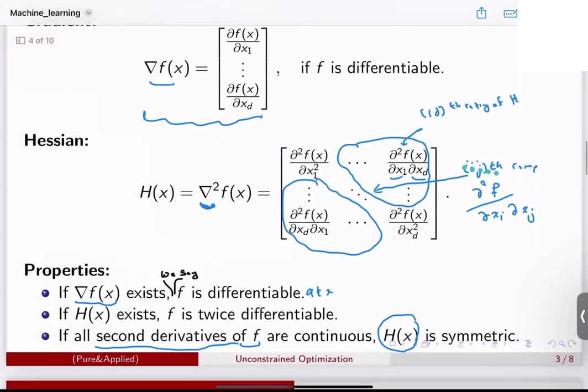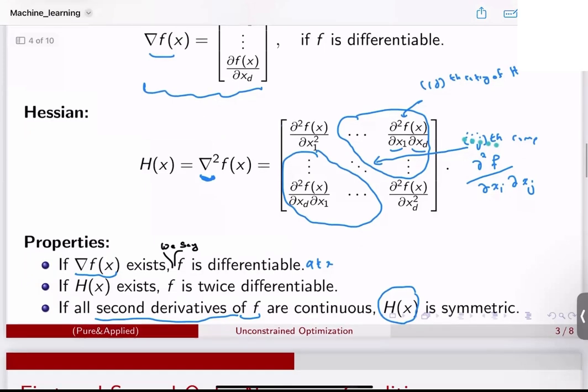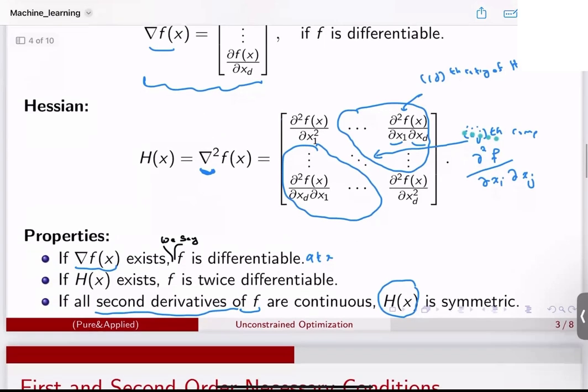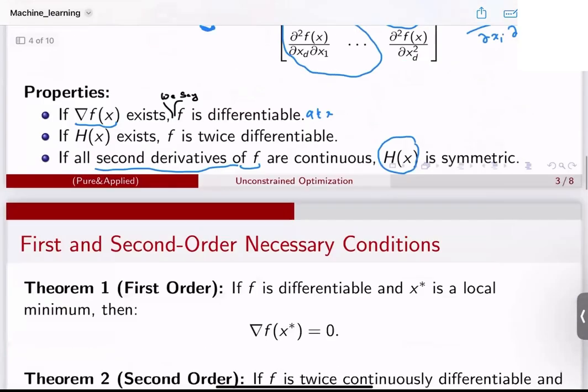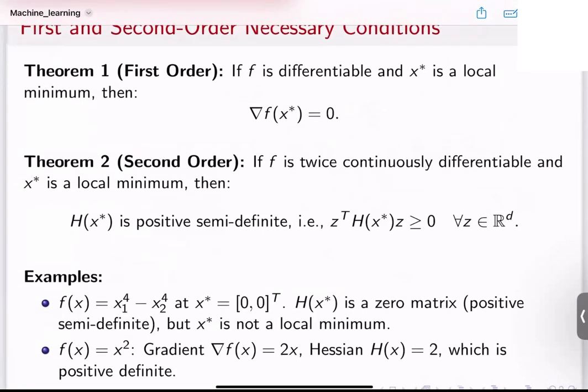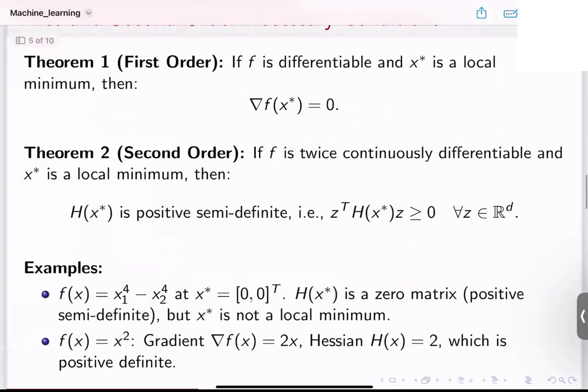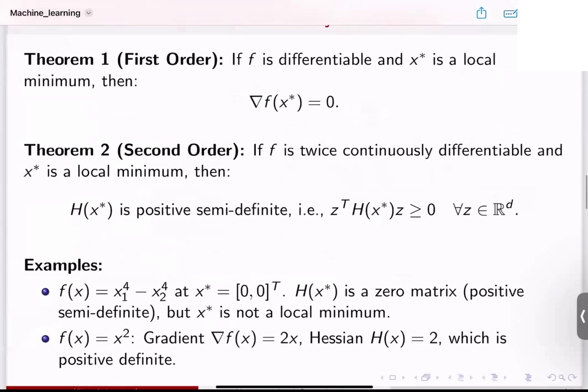Okay, so this is the terminology that we need, and now we're gonna state the tools, and then we're gonna see where this brings us. All right. So the first tool that we need to state is what is called the first necessary condition. So this is what we know from calculus.